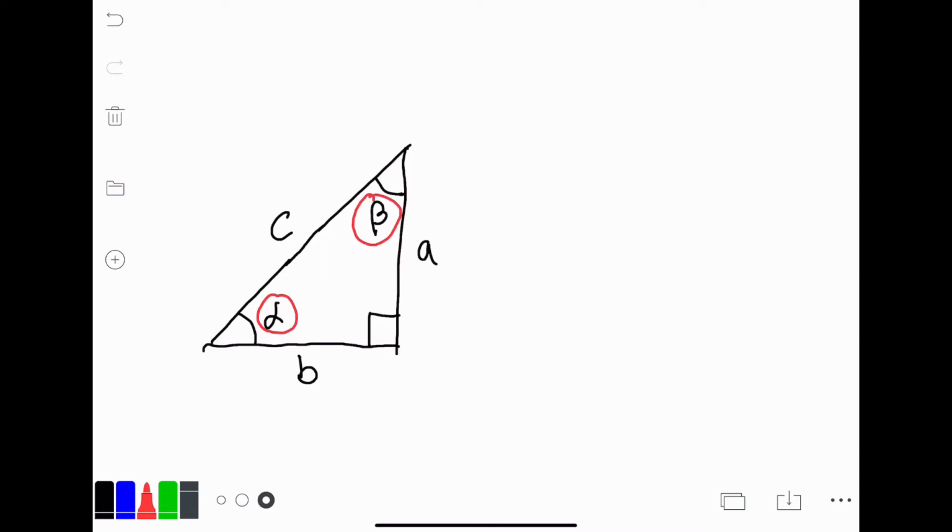However, since one of those angles is known to be 90 degrees, that means alpha plus beta has to be equal to 90 degrees. And if you remember from geometry, alpha and beta are complementary angles. So that is what relates the two angles alpha and beta together. There's really no need to bring in the other 90 degrees because 90 plus 90 is 180. So alpha and beta are really the only two important angles here.